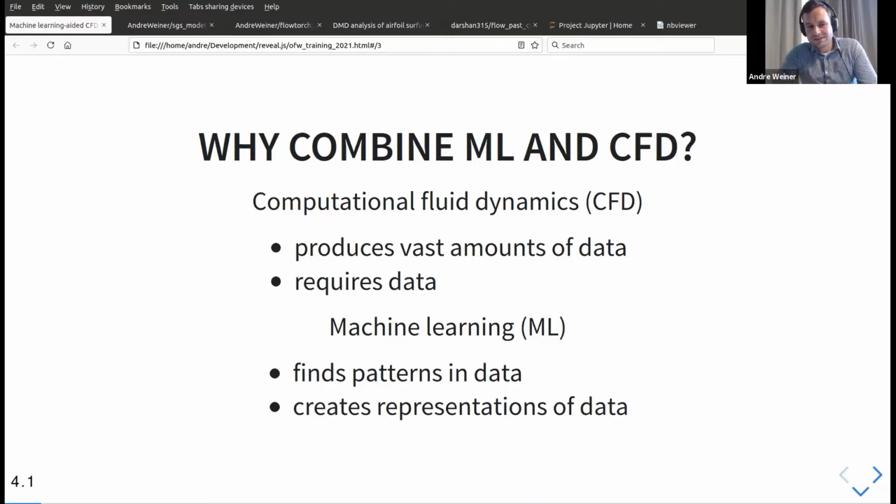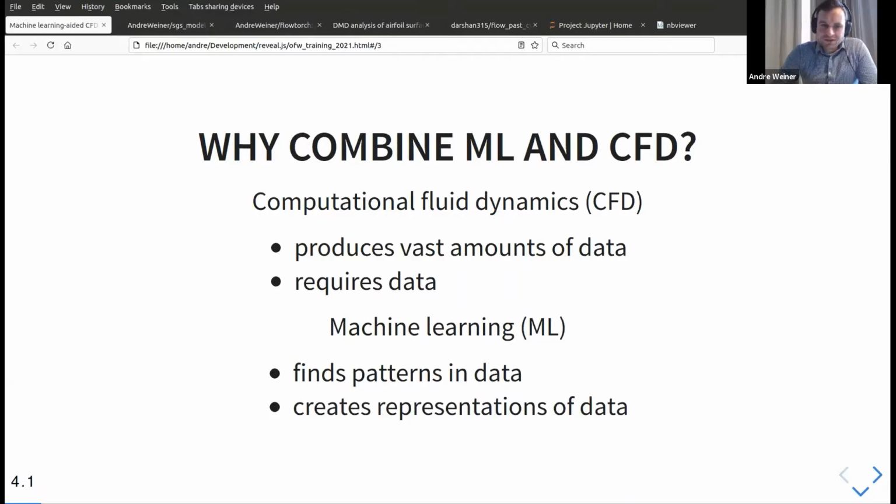On the other hand, simulations also require data. First of all, you cannot perform a simulation without material properties or thermodynamical properties of your fluids and your solids, right? And of course, most applications require closure models. Even though these closure models are not always based on data, at least the modeling is guided by data most of the time.